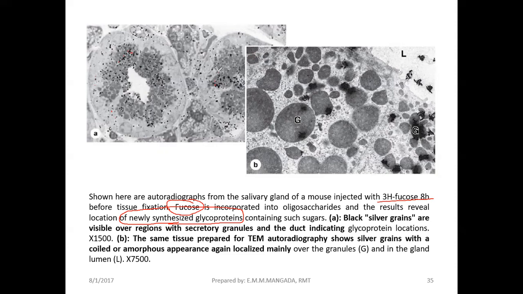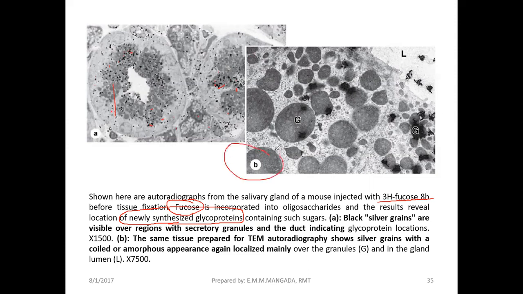And that indicates the location where glycoproteins are being synthesized. So, ibig sabihin, dito sa mga may black areas na to, dito sa part ng cell na ito, napoproduce ng tissue na ito yung mga glycoproteins natin. So, this is under your transmission electron microscope.